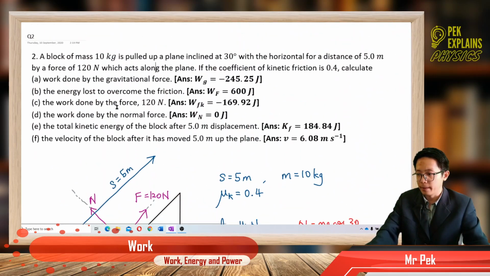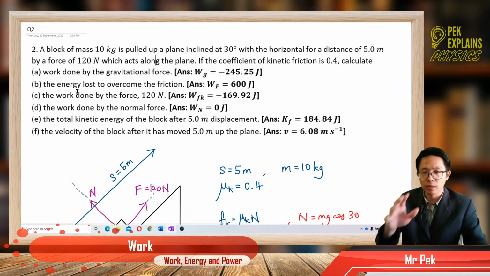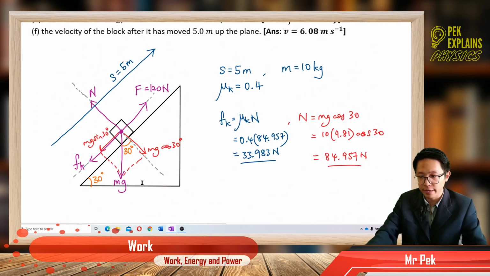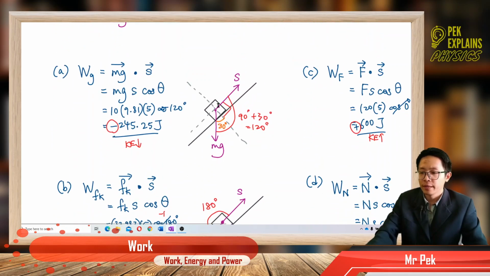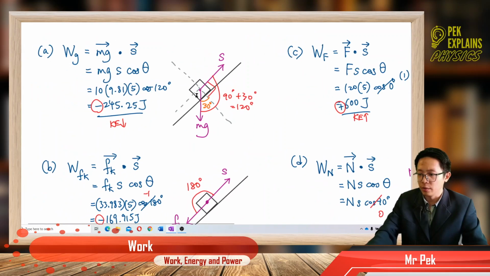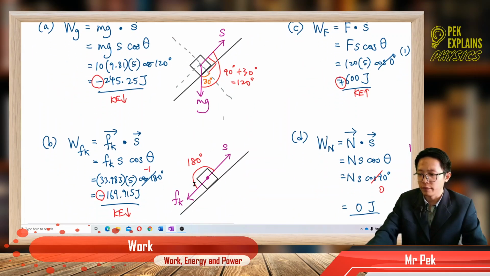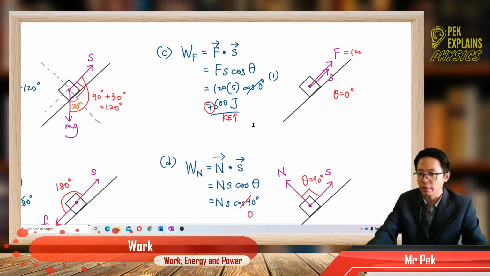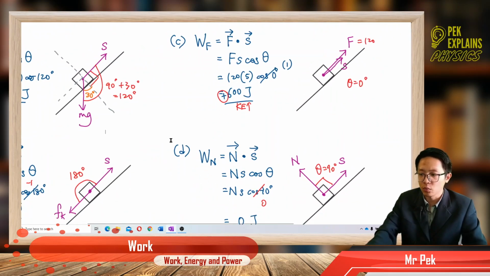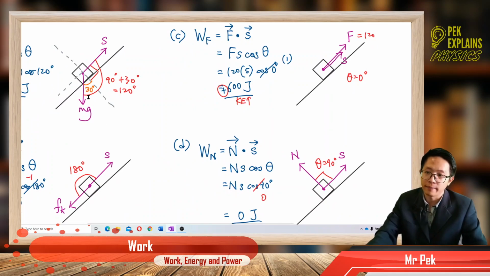Remember, to calculate the work done for each of these forces, first we draw the free body diagram, and then we draw a separate diagram for each force: mg with displacement, friction with displacement, external force with displacement, and normal force with displacement, because we want to find the angle theta.